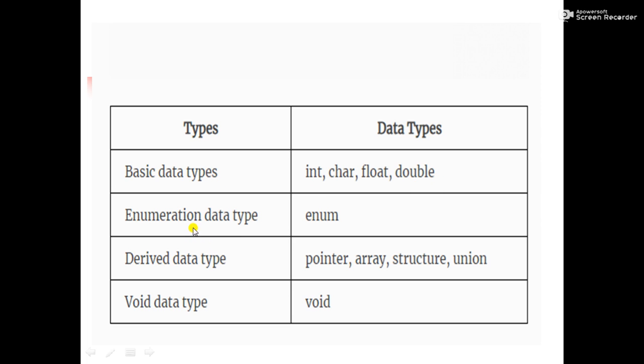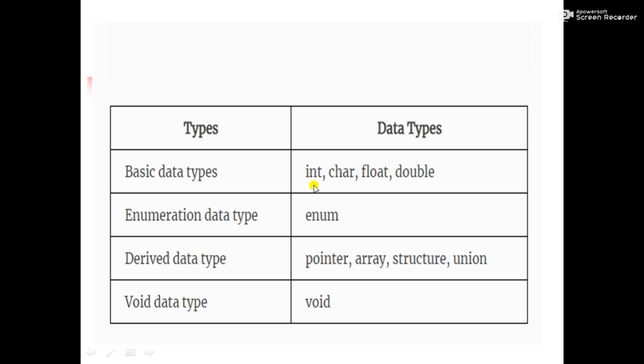Now coming to the enumeration data type, in that we have only one thing, that is enum. It is rarely used. Basically we generally use int, char, float and double, but enum is used in certain applications. As it comes under the category of data types, we are going to discuss it here. The enumeration data type is enum, that is the keyword. Int, char, float and all these are keywords used for declaring these types of variables.